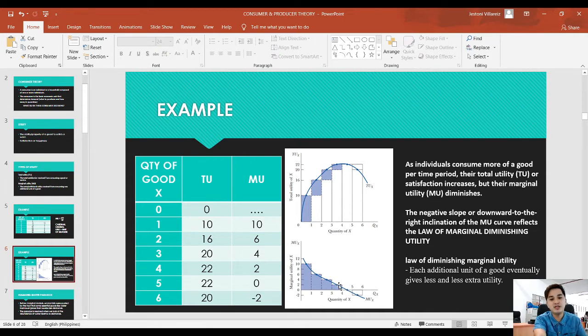Now, that downward trend, we call that the law of diminishing marginal utility. It means that each additional unit of a good that you consume will give you less and less satisfaction until you reach the point where you no longer want to consume that good even if it is given to you for free.